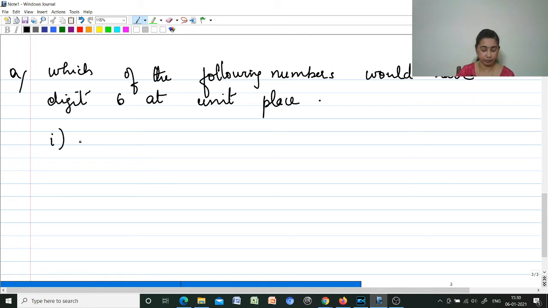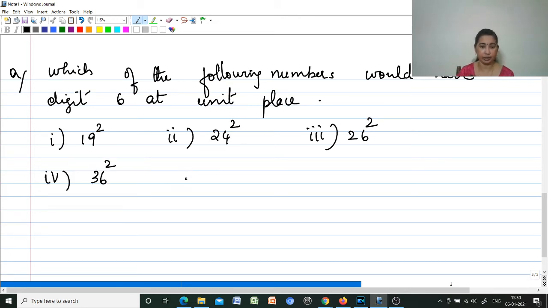First one, 19 square, second, 24 square, third, 26 square, fourth, 36 square and fifth, 34 square. Out of these, which end with 6 in the unit place?